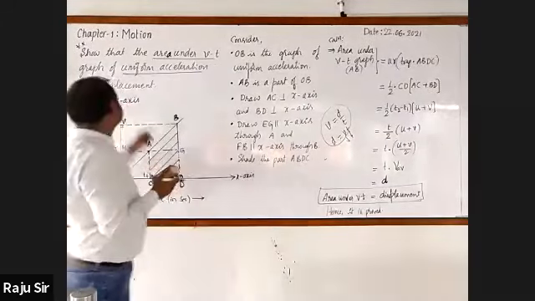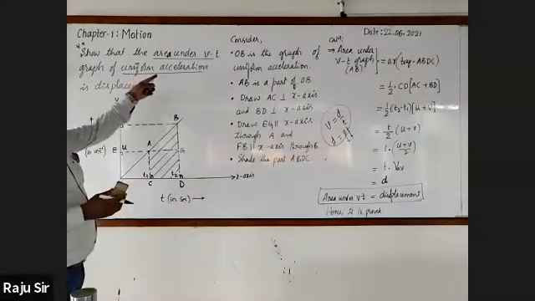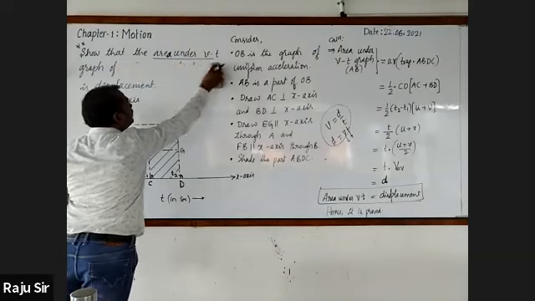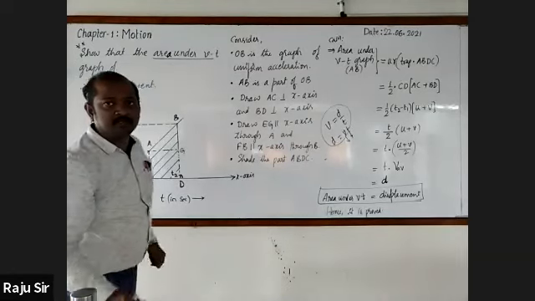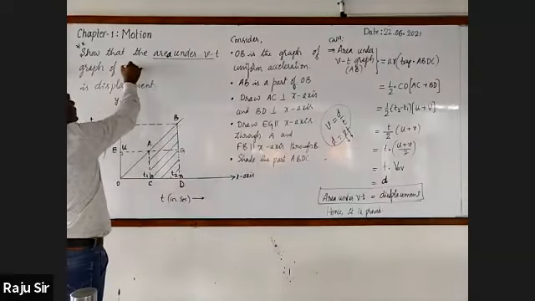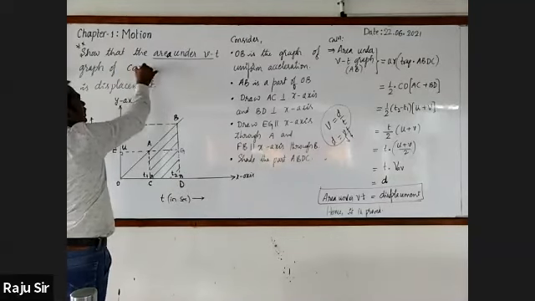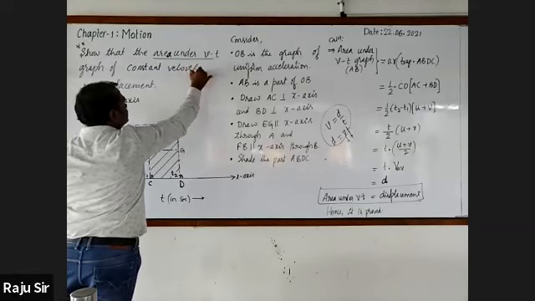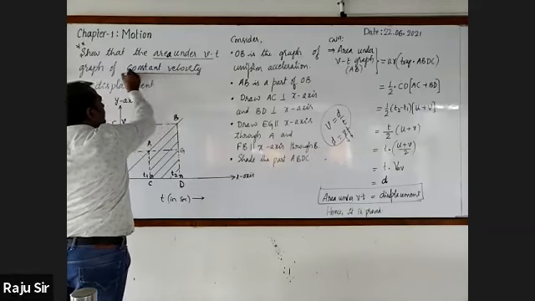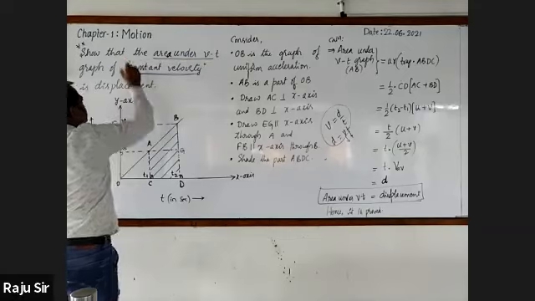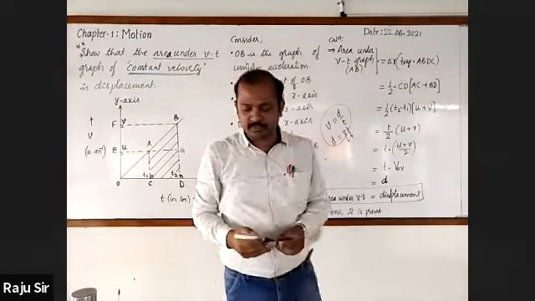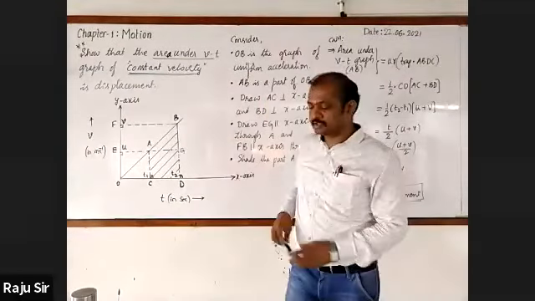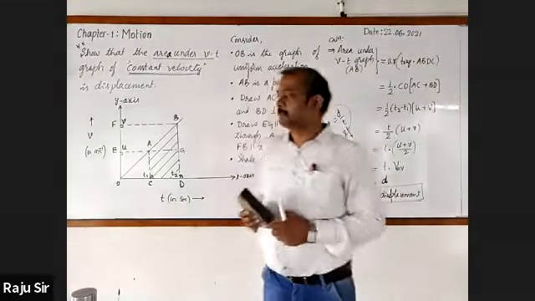Show that the area under the VT graph of constant velocity, or uniform velocity, is displacement.